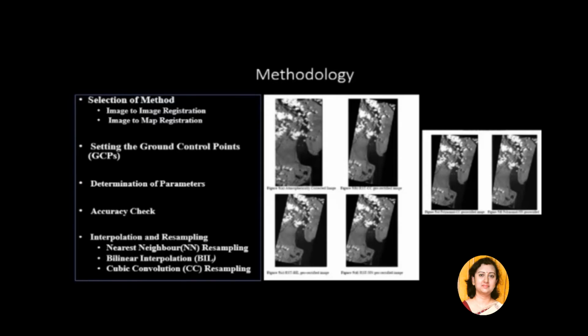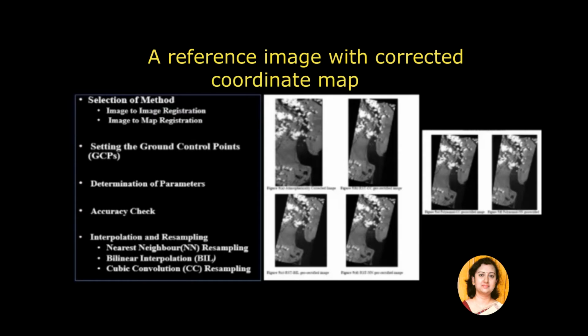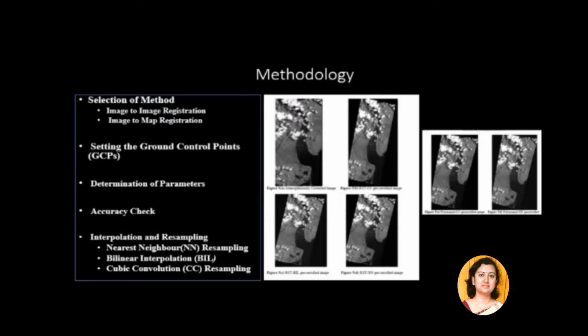That means you should have a reference image or a base image which already has the correct coordinates embedded in it. So using that reference image, you will geometrically correct your uncorrected image.